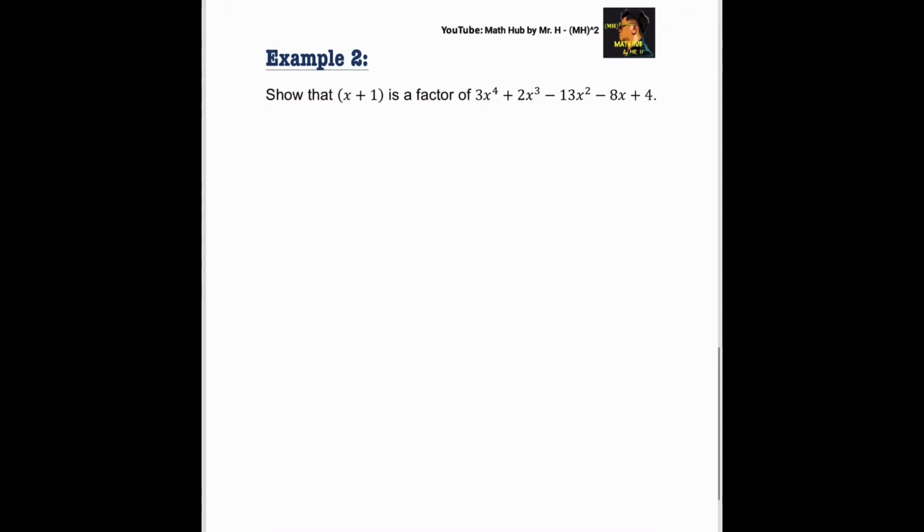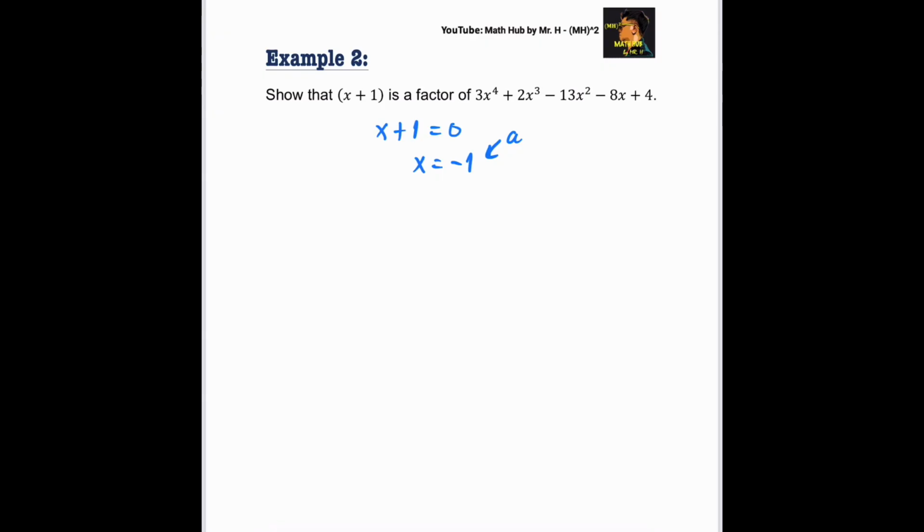For this question, we are asked to show that x plus 1 is a factor of this dividend. And we will still be applying the concept of remainder theorem to verify if x plus 1 is really a factor. So what we do is we take the divisor x plus 1 and equate it to 0. From here, we can see that x will be equal to negative 1, and that will be the value of a.